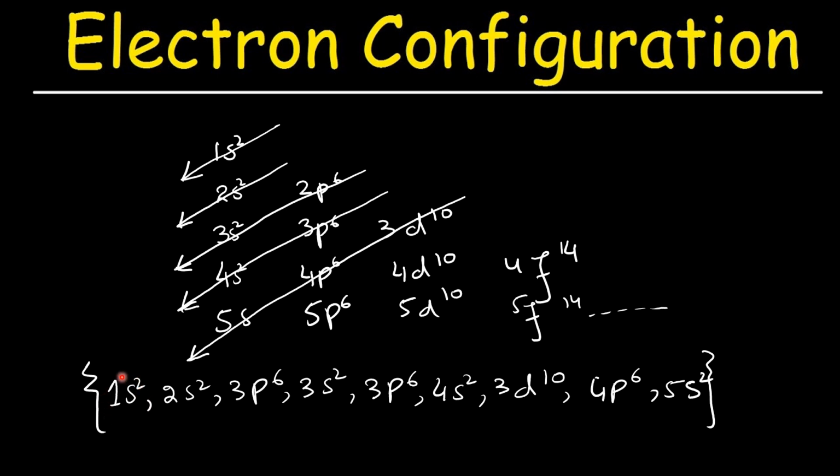1s2 has lower energy. This means that electrons will initially fill the 1s2 subshell. Then electrons will fill the 2s2 subshell, then 2p6, then 3s2, and so on. The filling of the atom will be done on the basis of the energy of the subshells.